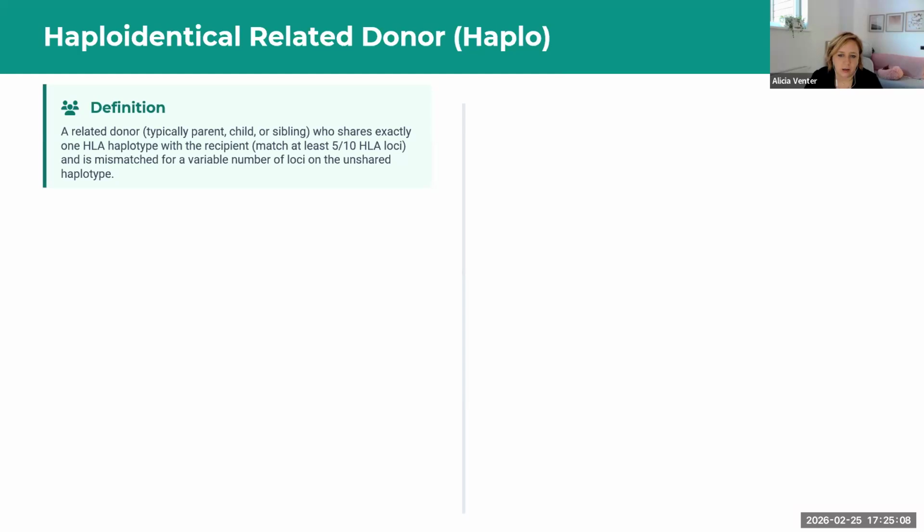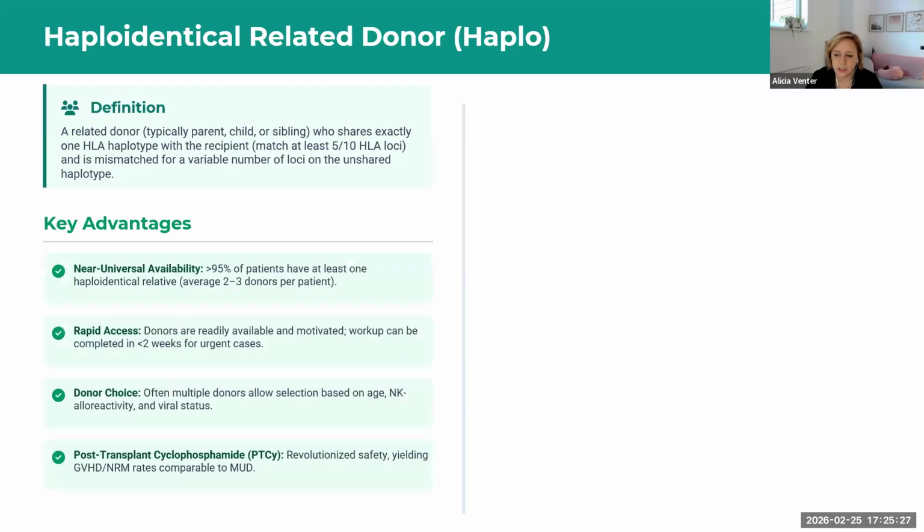The next source, I will really sprint through this one because I think most of you have worked with haploidentical related donors. So this is a related donor, typically a parent, a child, or a sibling who shares exactly one HLA haplotype with the recipient. Advantages: near universal availability, rapid access with highly motivated family.